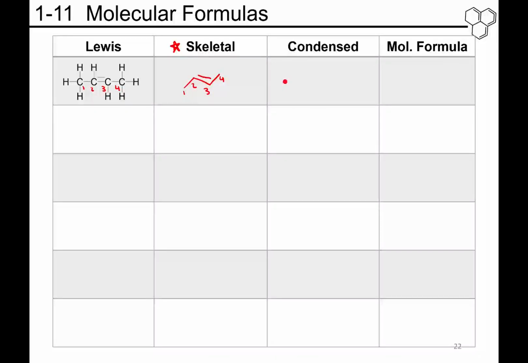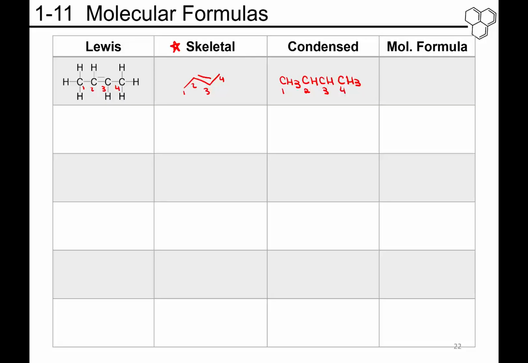So for this first example, you would tell the reader that carbon number 1 has 3 hydrogens, carbon number 2 has only 1 hydrogen, carbon number 3 has 1 hydrogen, and carbon number 4 has 3 hydrogens, but none of the bonds are going to be shown.